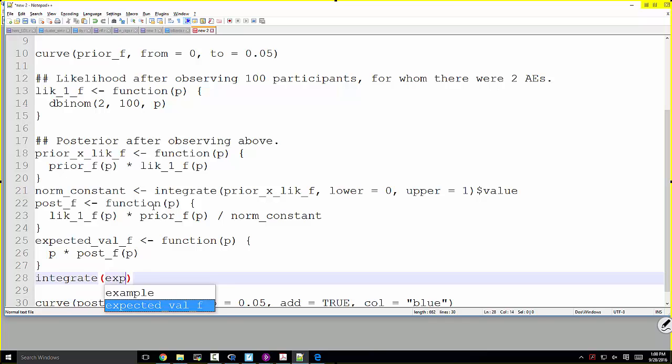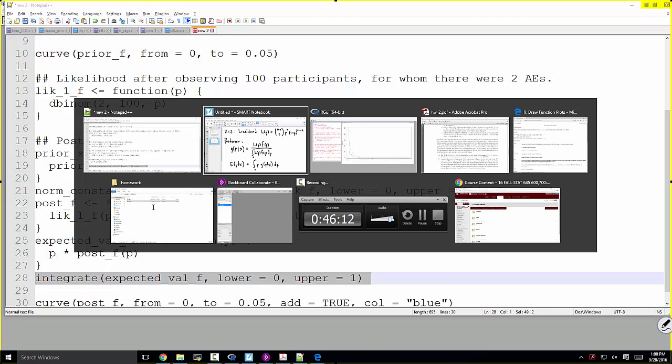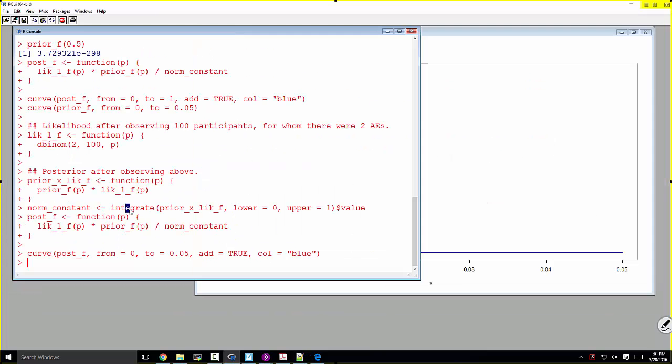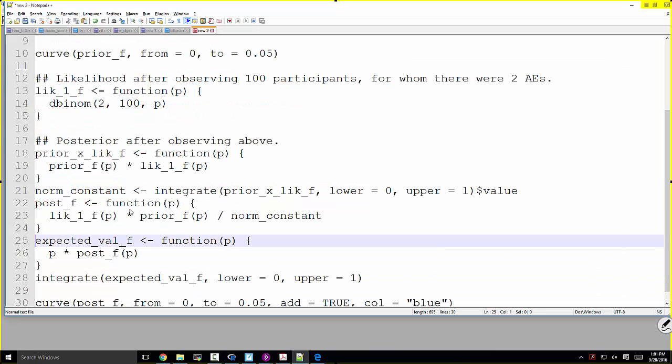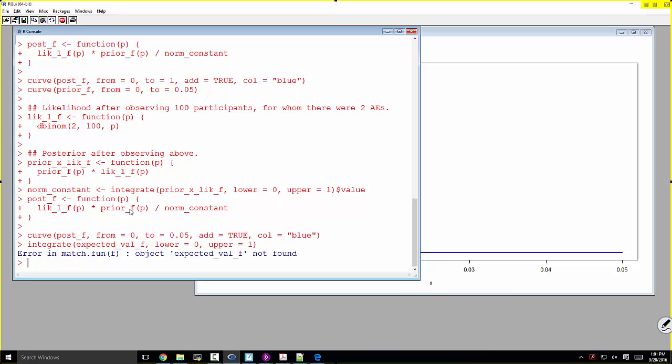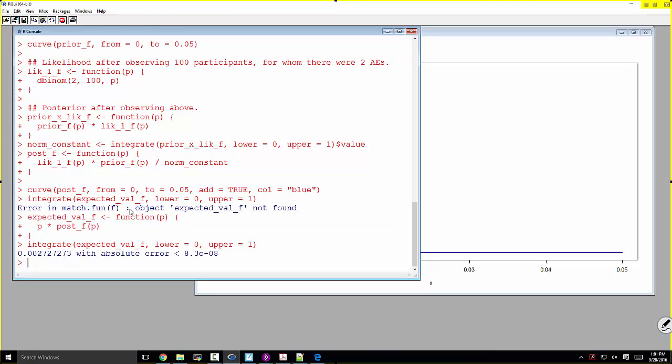Integrate p times posterior of p from 0 to 1. Prior mean was 1 in 1,000. Expected val f not found. Posterior mean is almost 3 out of 1,000.